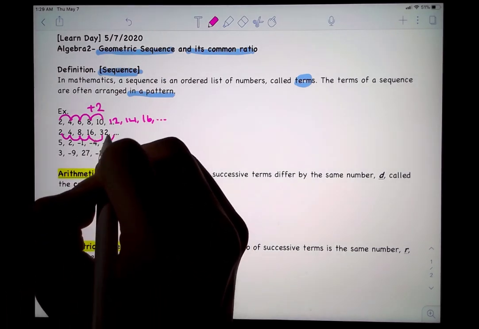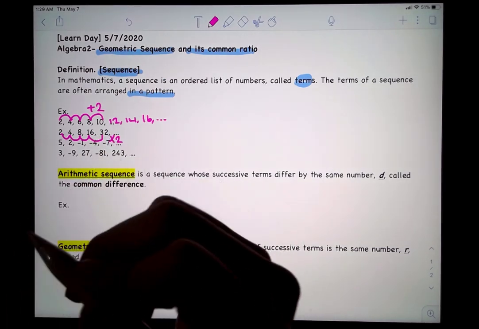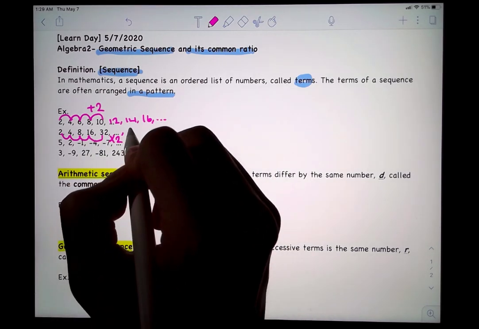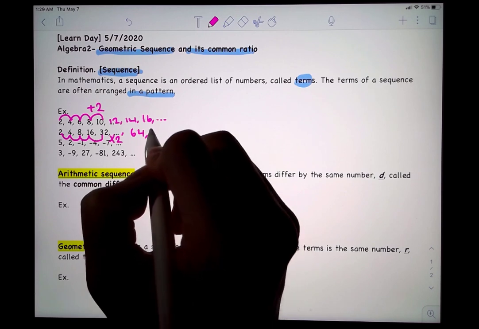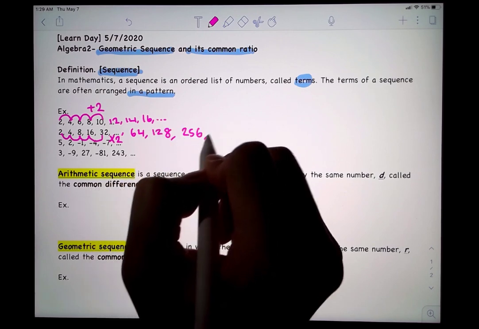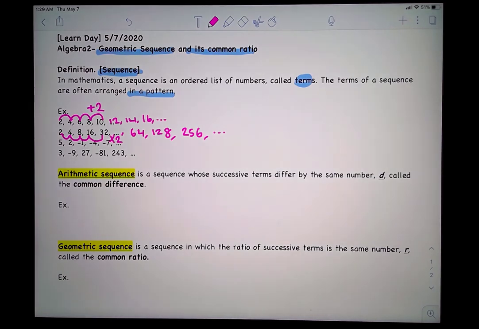So if you're looking for the next three terms, they will be 64, 128, 256. Okay, so we call those patterns; you will see these are sequences, and the thing is you have some pattern.